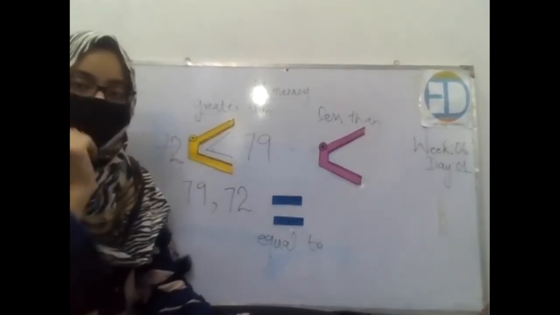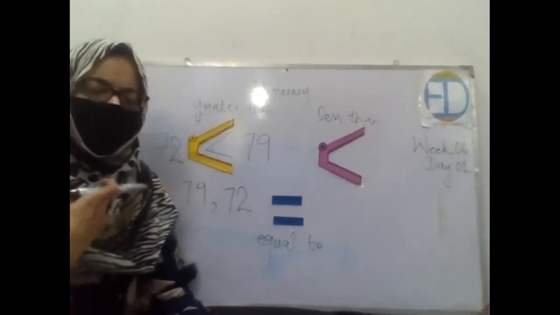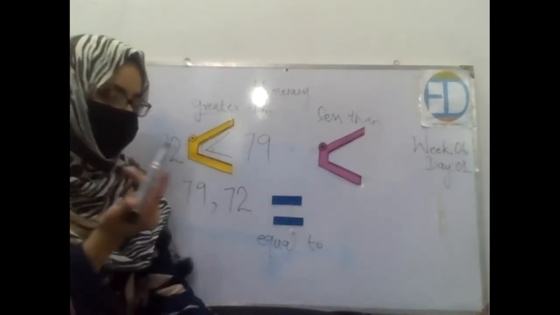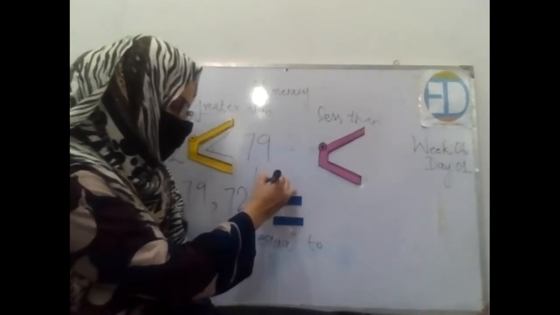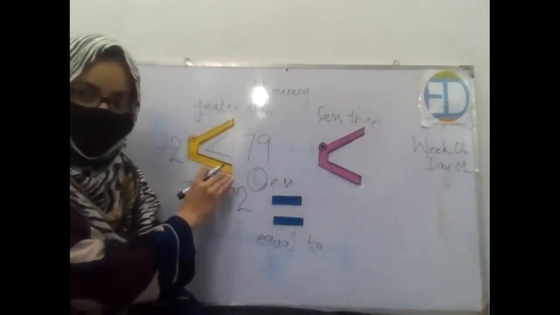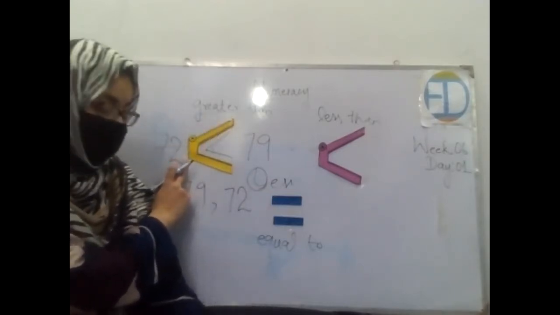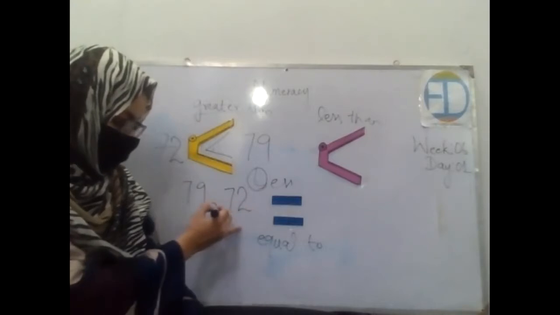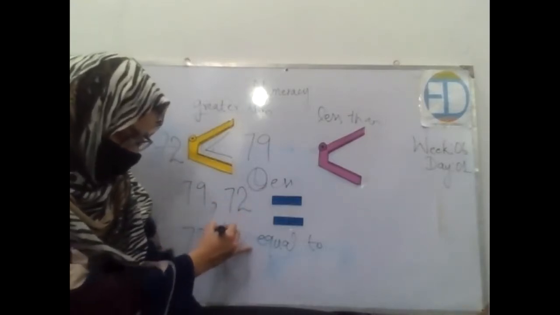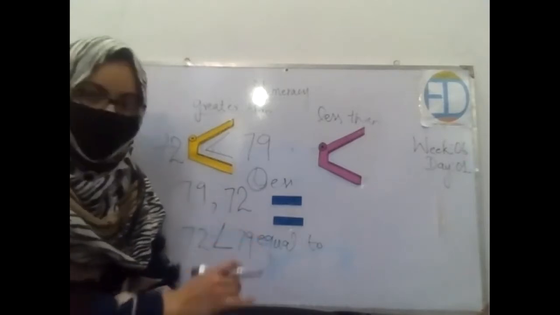Okay, there is one more technique to memorize this concept. Let's say you get confused about which is the sign for the greater one. There is this small technique, because less than starts with L. Now look at this shape. The number which is smaller, let's say 72, you will write 72 and draw an L in front of it, and the greater number would be written opposite to that.